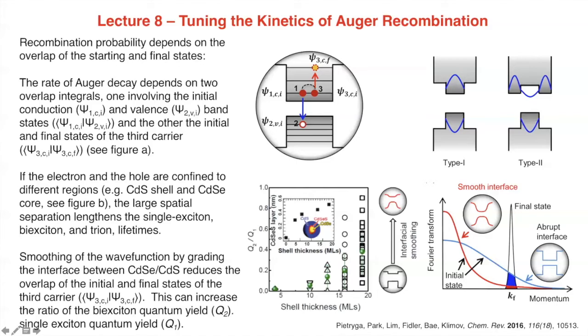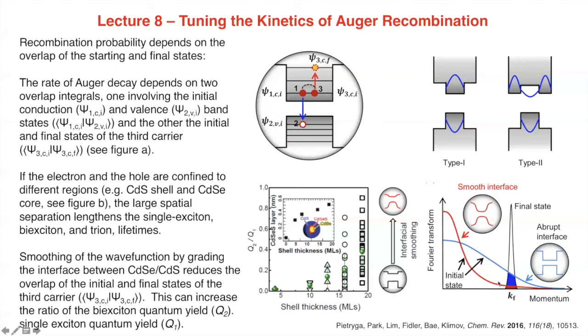And the final state, this electron that's way up here in energy, which has a much higher wavelength, tends to be composed more of these high frequency components here. So the final state is this peak. And you can see that the abrupt interface has a greater degree of overlap with the final state than the smooth interface does.